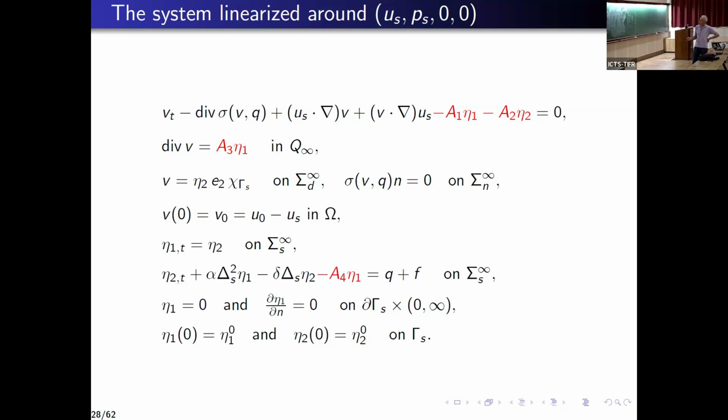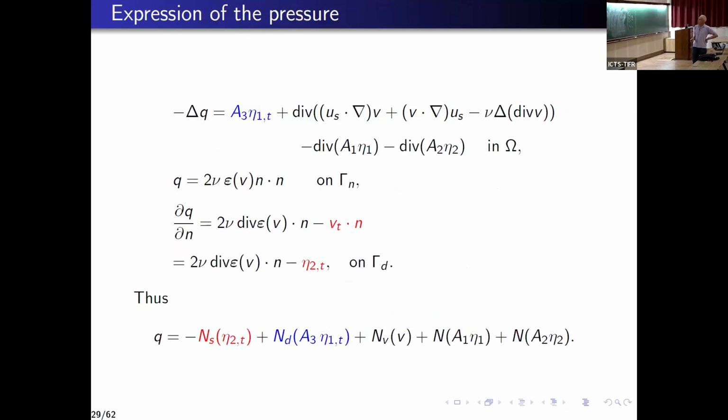And I have also another operator here. So the structure is, it's doable, but it's much more complicated. And the equation also for the pressure is much more delicate. So in particular, we have this additional term, this term too.